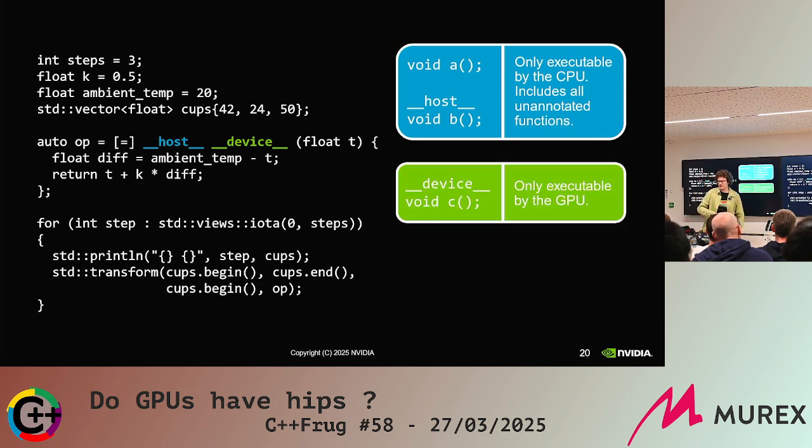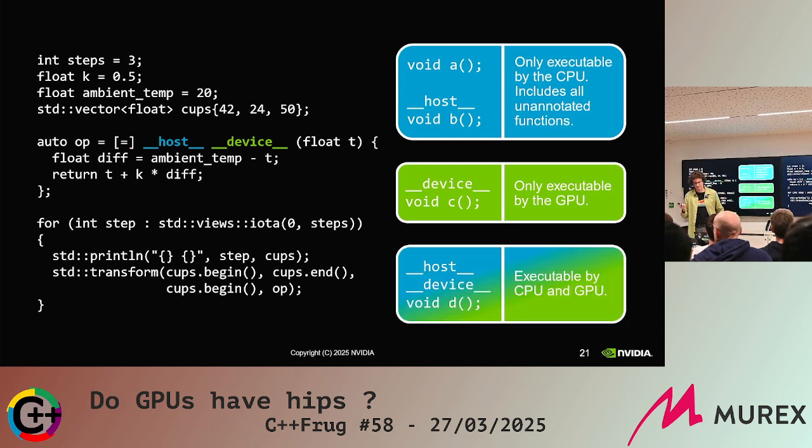And if a function has only the device annotation, then it will be compiled only for the device code, meaning the GPU. And you won't be able to call it from host code. Now, if a function has both the host and device annotation, then it can be used on both the CPU and the GPU. So now our operator can run on our GPU, but we still need to actually invoke it there.